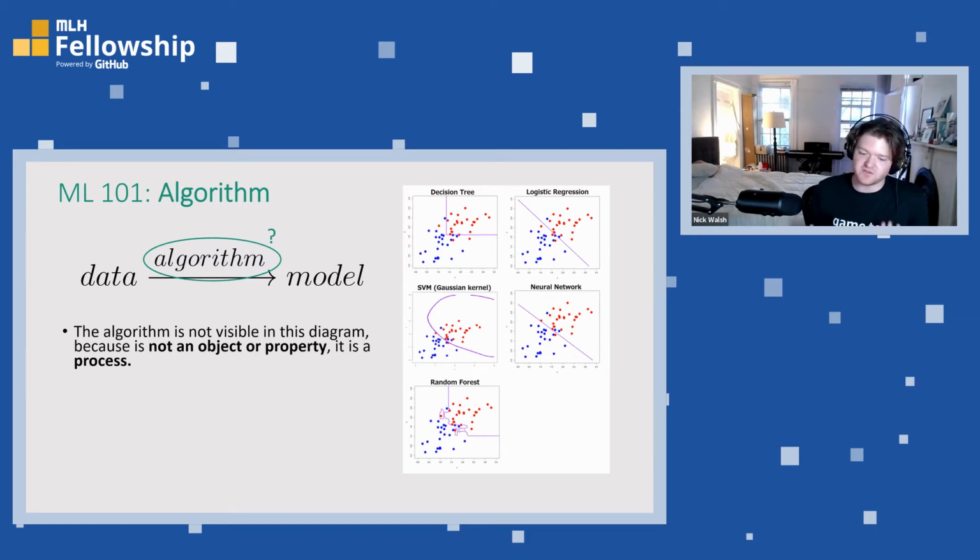I mentioned before that the difference between AI and machine learning is that in machine learning, the system can decide for itself what those rules are. Here, each of these decision boundaries is a different resulting output from different algorithms on the exact same set of data. If we look at the decision tree in the top left, for example, we made like 1 or 2 if statements, like one nested if statement: if this parameter is over this value, then it must be a dog, else if this other thing, then it's a cat or something.